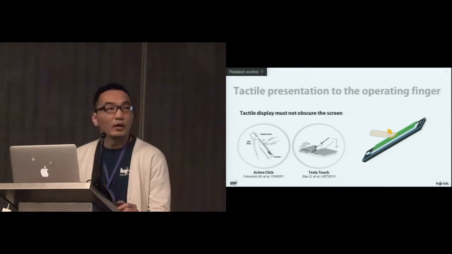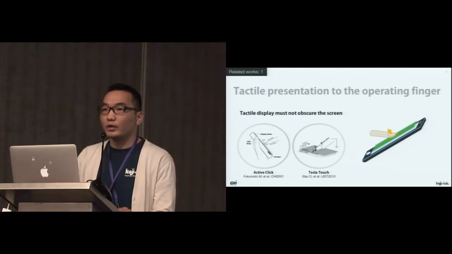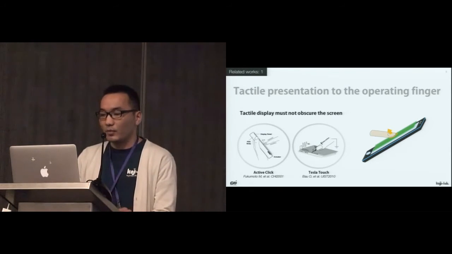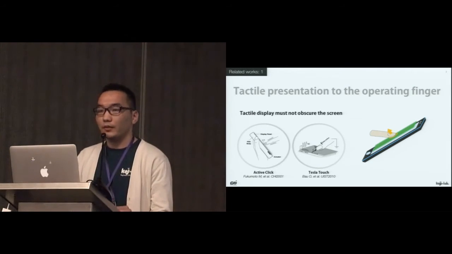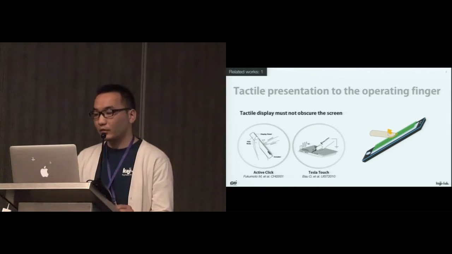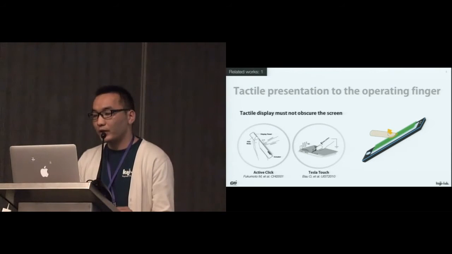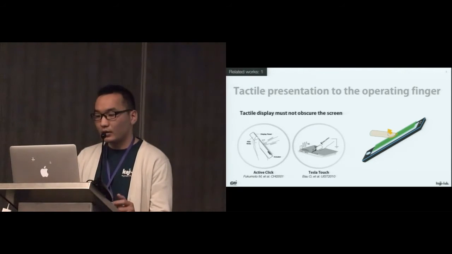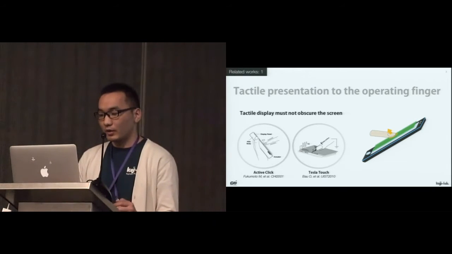First of all, I'll introduce some previous research that has achieved tactile feedback for the smartphone. Most of them presented the tactile feedback to the finger that is touching the screen. For example, Active Click realized a click feeling by vibrating the entire screen, and Tesla Touch created a texture feeling by controlling the friction on the screen.